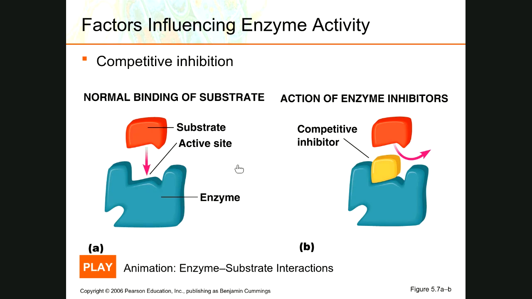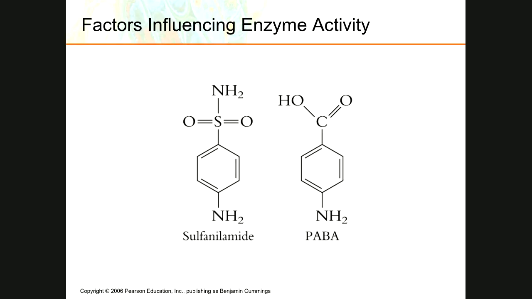An example of that is the sulfa drug, sulfanilamide. Sulfanilamide is one of our sulfa antibiotics. It resembles PABA. This is the substrate that many bacteria use to create folic acid or folate, an essential vitamin. Human beings do not synthesize folate.